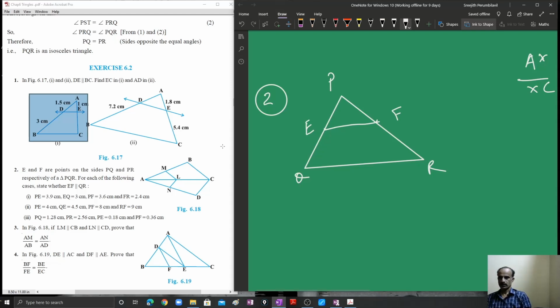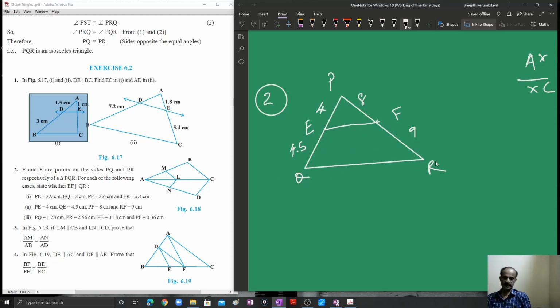PE is 4 centimeters and QE is 4.5 centimeters. PF is 8 centimeters and RF is 9 centimeters. You have to check whether EF is parallel to QR. When is EF parallel to QR? If you are going by BPT, if this line is parallel to this, the sides are divided in the same ratio.